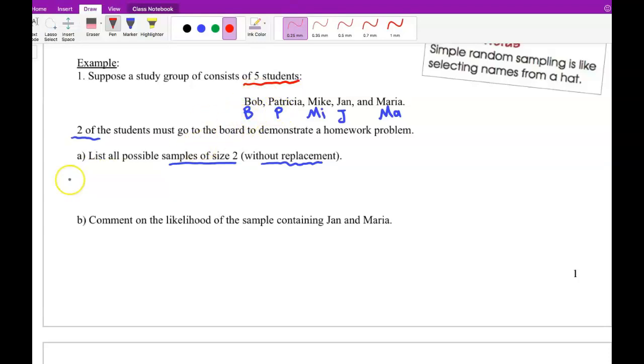I'm choosing the first one, B, or Bob, then Patricia, P. Choosing these two students is one possible sample. The others are BP, BMI, BJ, BMA. Listing all these.